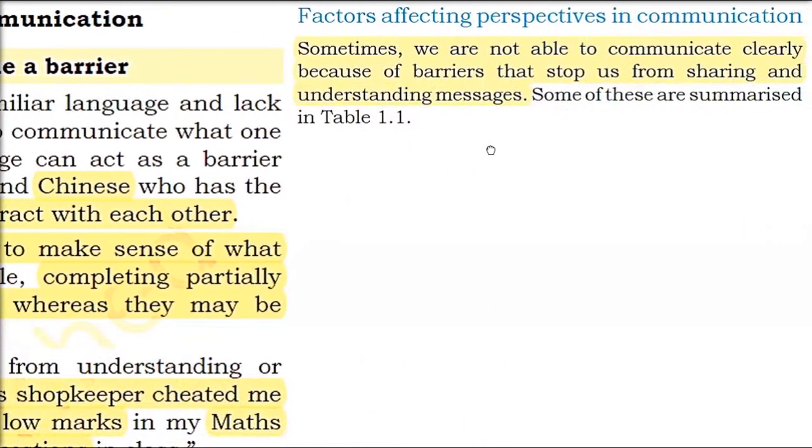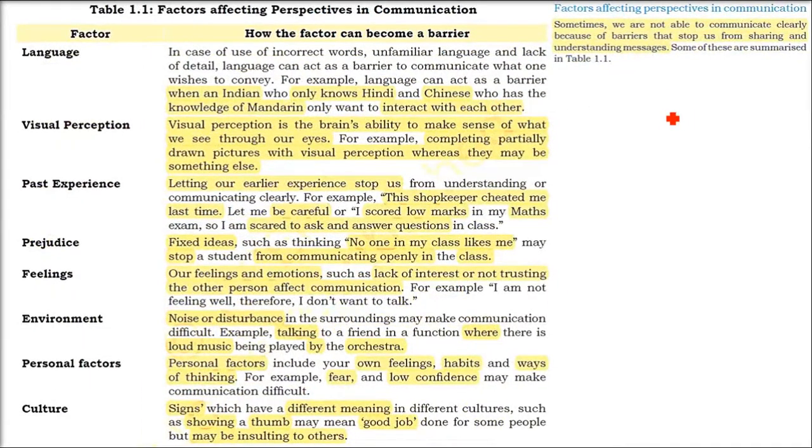So don't let this barrier come in between you. What I'm trying to suggest is there are certain barriers, roadblocks, that make you not communicate properly, because communication is all about expressing. When you have a bias, when you have already thought about somebody like this, you have a roadblock, and you cannot cross that road.